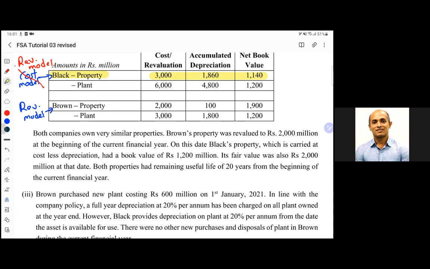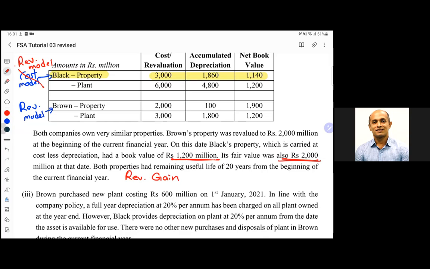The revaluation was at the beginning of the year. At that time, Black's property had a book value of 1,200 and a fair value of 2,000. Then how much is the revaluation gain?